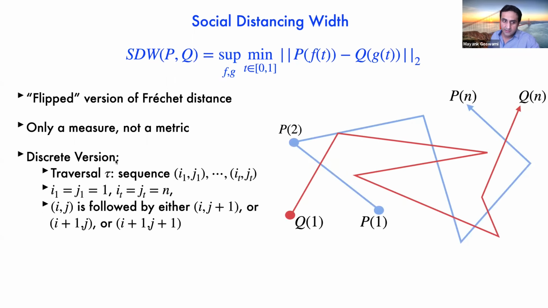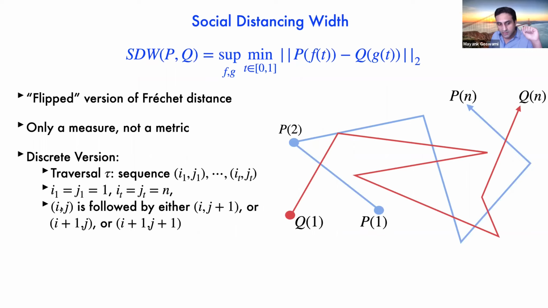And in this setting, a traversal is basically a sequence of pairs, the locations of the first agent and the second agent. The sequence satisfies the property that they must both start at the first vertex. So the first frog starts at P of 1, the second frog starts at Q of 1. They must end at the last vertex.